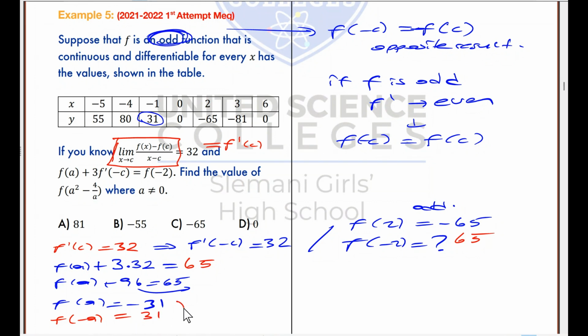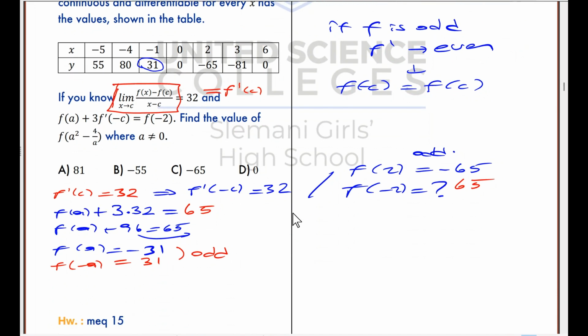So, since the function is odd, the result is negative 31 when the input is a. If the result is 31, the input should be negative a. So in this case, negative a must be what? Negative 1. So a is 1.